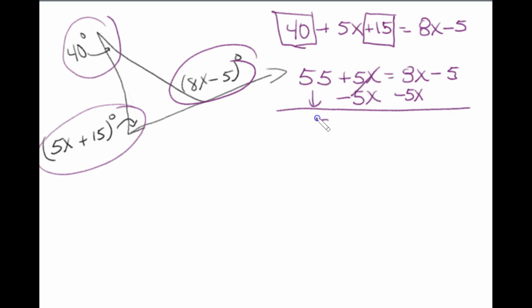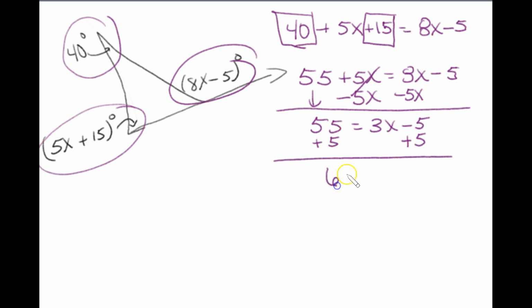Bring down my 55. 8 minus 5 is 3x minus 5. All right. Add 5 to both sides. I have 60 equals 3x. Divide everything by 3. And I get 20 equals x, or x equals 20.